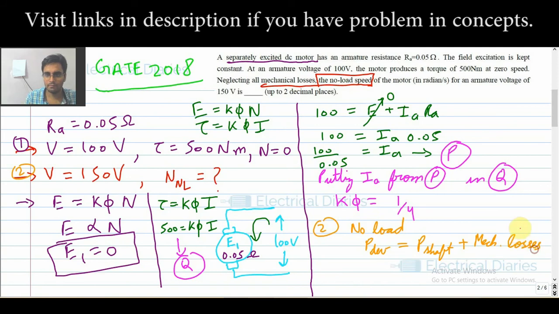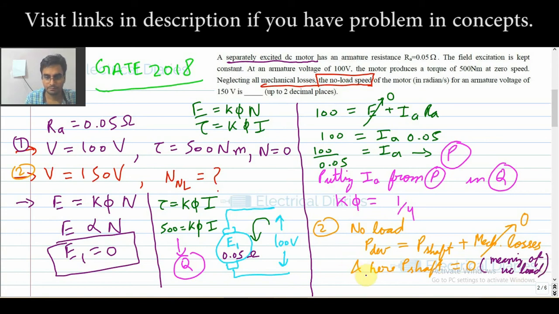But in this question the mechanical losses are given as 0, so P developed is equal to P shaft, and here P shaft is 0. This is the meaning of no load.